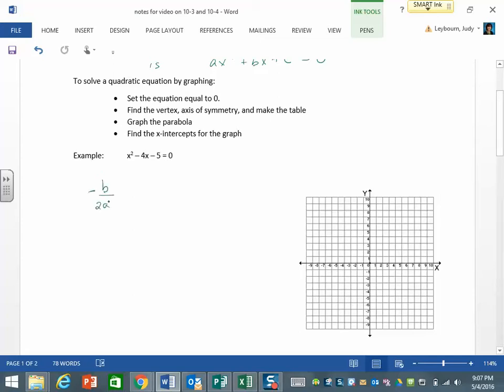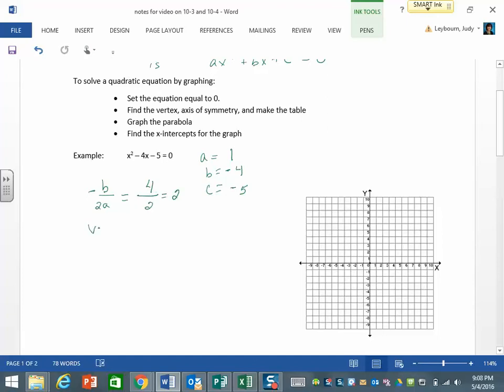Before we do that, let's say what a, b, and c are equal to. a is 1, the coefficient of the x squared term. b is negative 4, the coefficient of the linear term. And c is negative 5, our constant. So the opposite of b over 2a would be 4 over 2, which is 2.